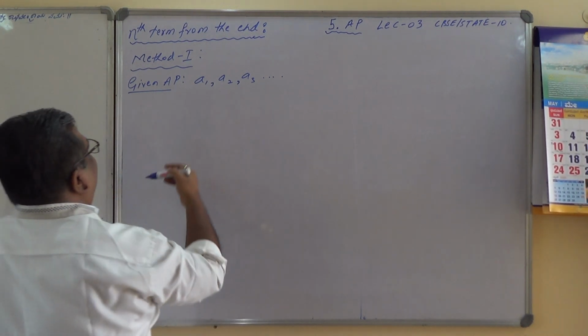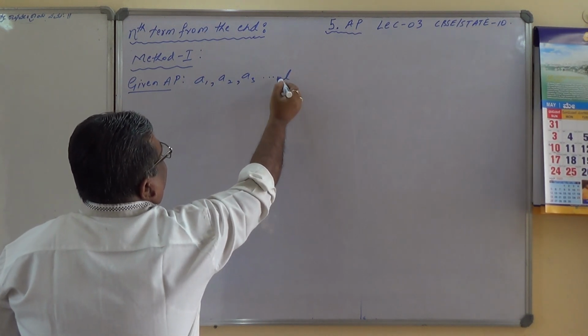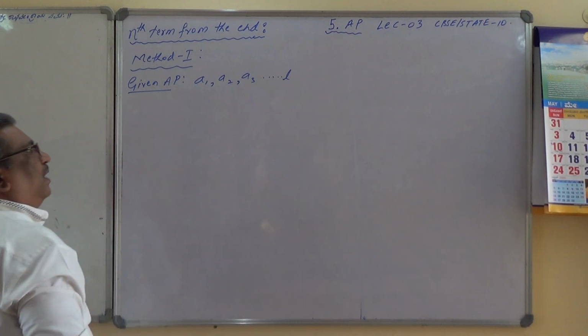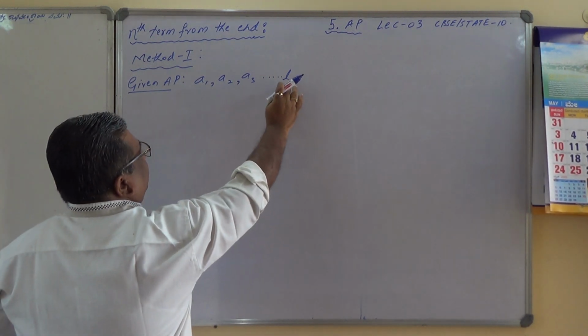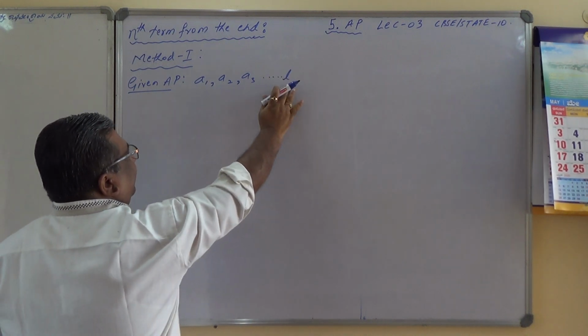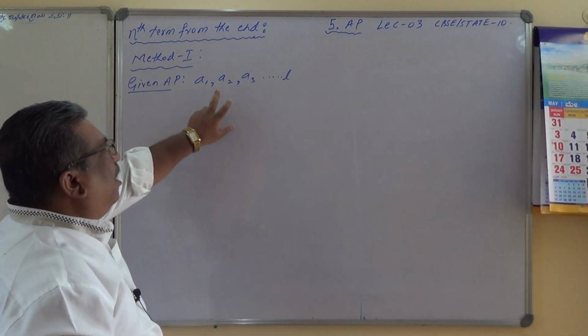So, given AP is this one, and L is the last term. This is what the given AP will be. In this case, how to find out the nth term from the end? You must be given the last term L, or at least they should tell you how many terms are there.